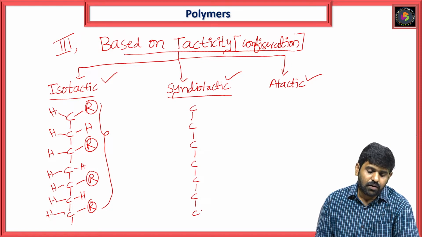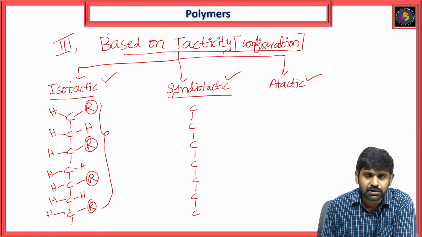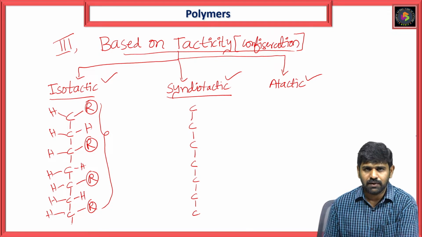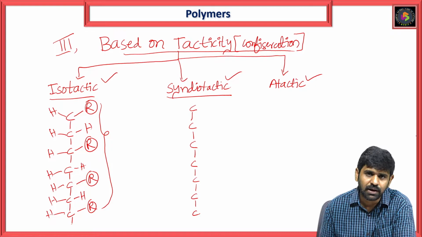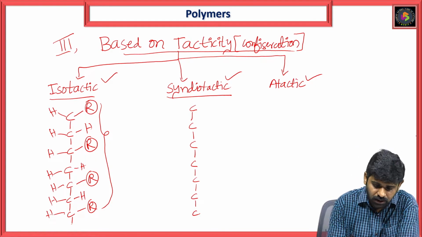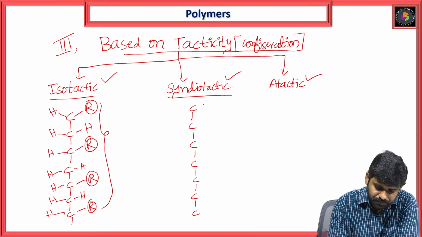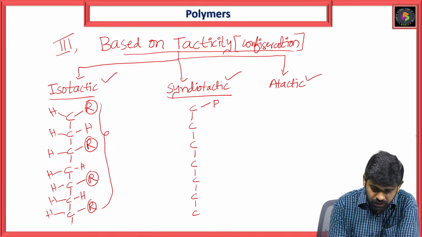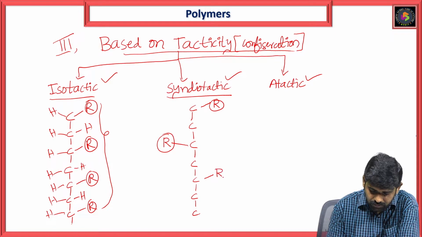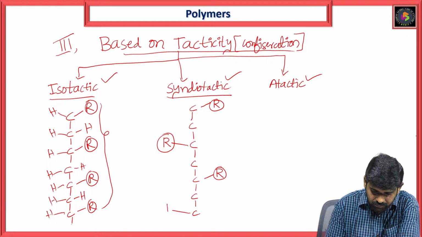So what I said, all the functional groups are arranged alternatively on both the sides of the polymeric chain. Alternating manner.